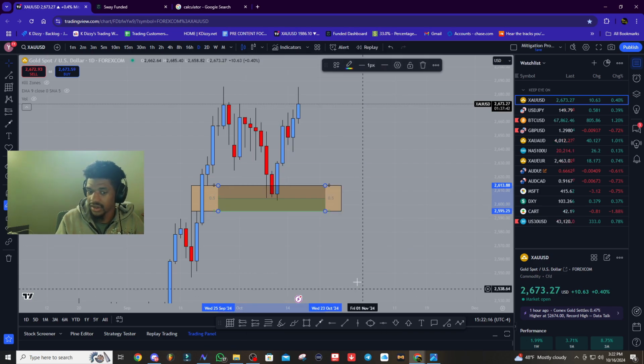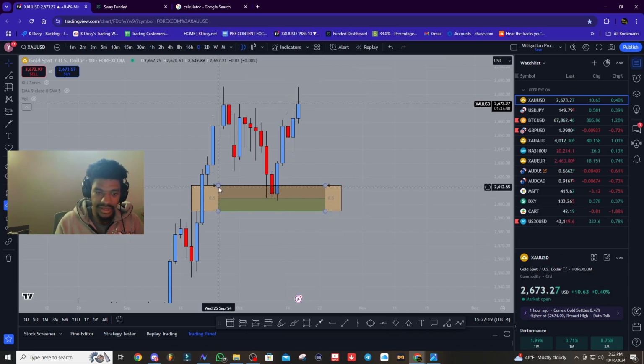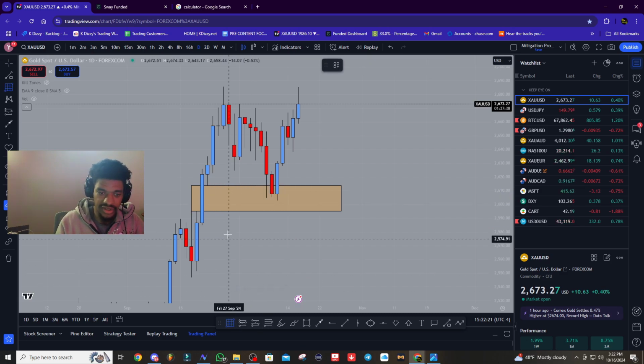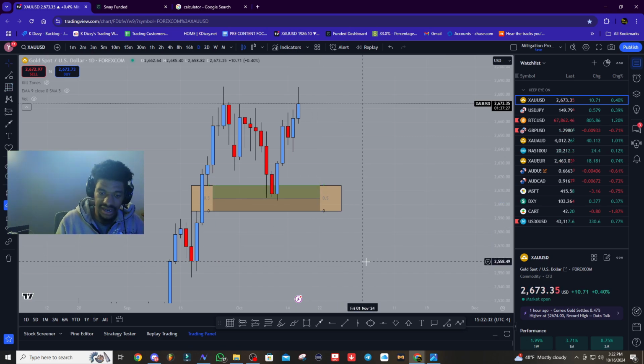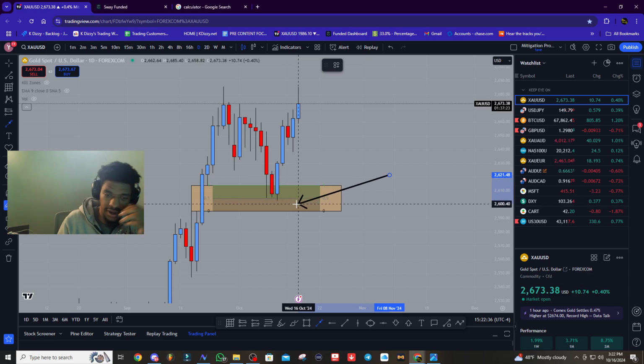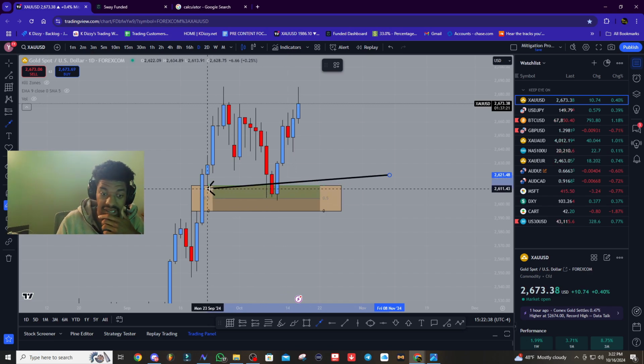I put the Gann box from the bottom to the top of this rectangle, which is our imbalance, and it gives you a more in-depth look at where it hit this imbalance.